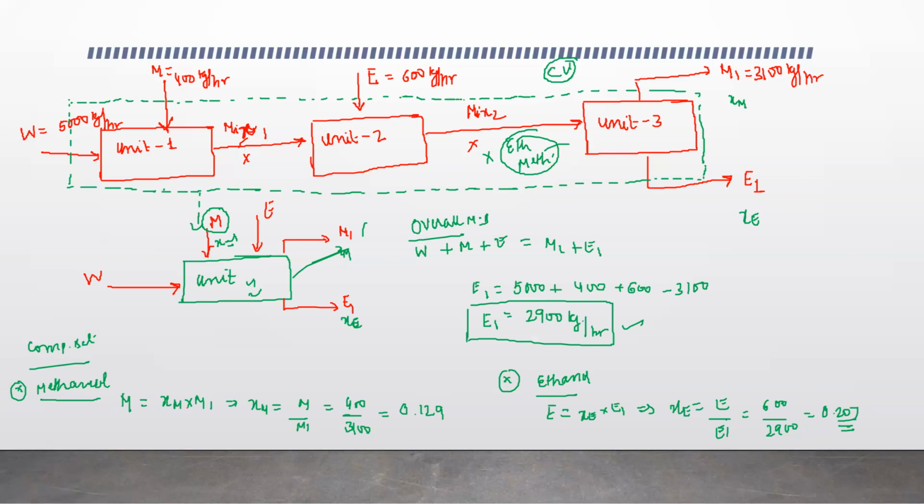We are going to draw 3 different block diagrams, because we have 3 units. One block diagram for unit number 1, one for unit number 2, and one for unit number 3.